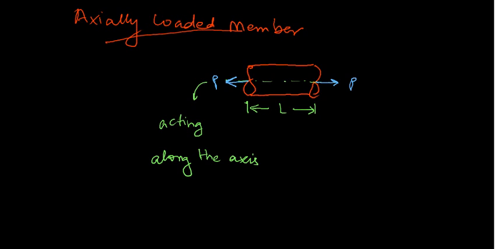The first is the axially loaded member. Moving ahead, we have torsionally. Let's first go to the bending of the structures or members. So we'll talk about a bending load.